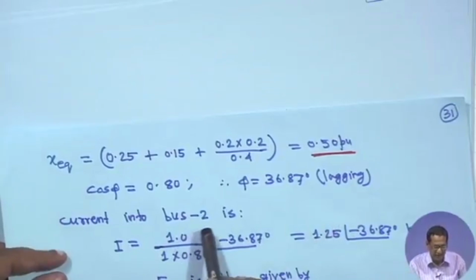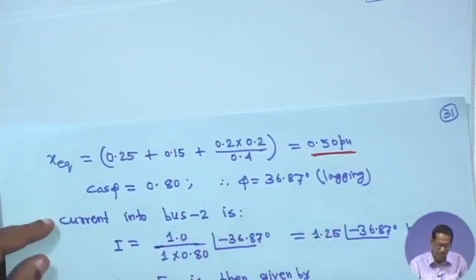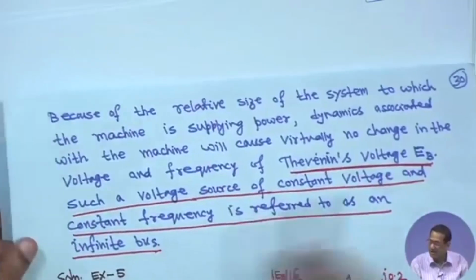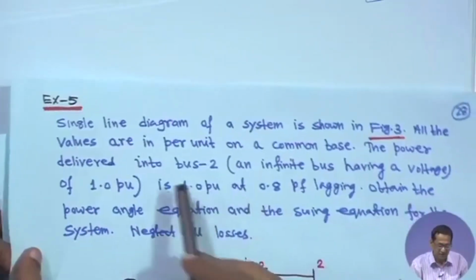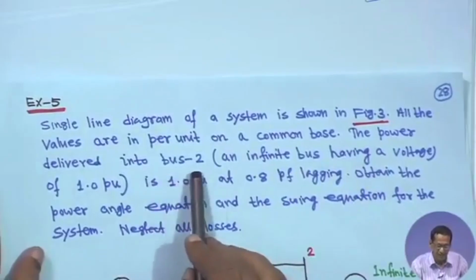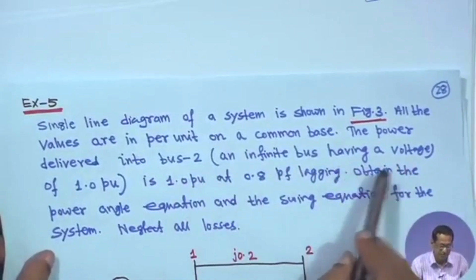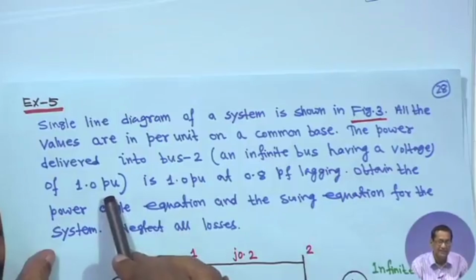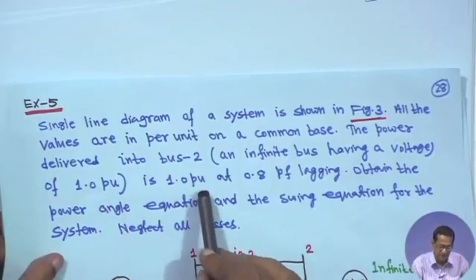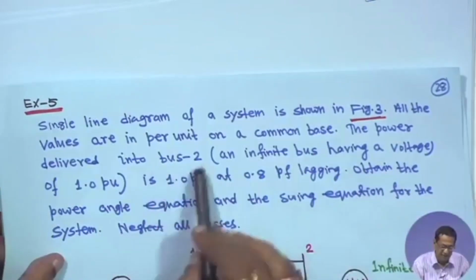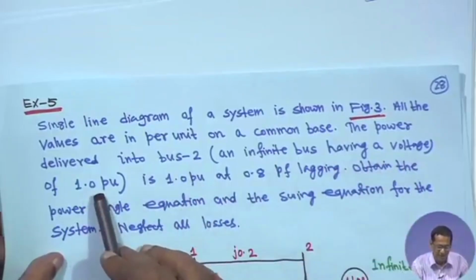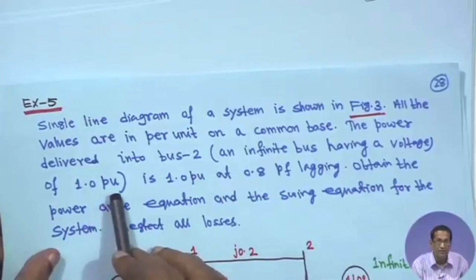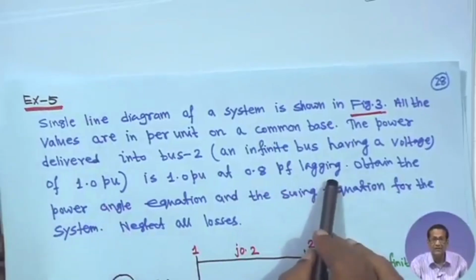Now, current into bus 2. If you read the problem, the power delivered into bus 2 is 1 per unit, and the infinite bus voltage is given as 1 angle 0 per unit, with 0.8 power factor lagging.